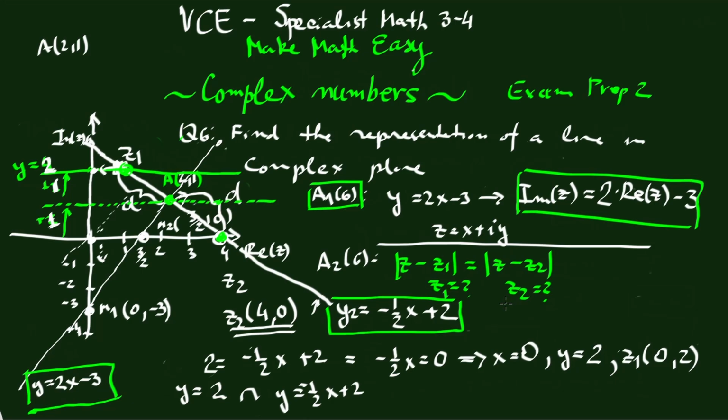So we have now coordinates of z1 and coordinates of z2 that are here. And now we can write finally our formula. It becomes absolute value of z minus z1, which is 2i.